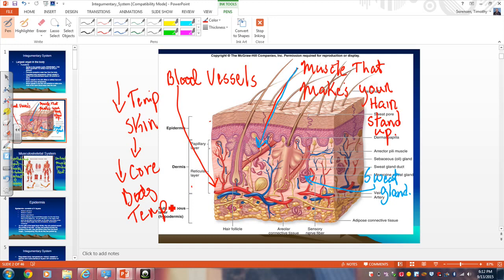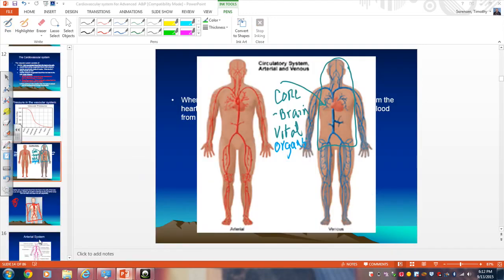Now, what part of your body helps you regulate heat? The answer to that is your cardiovascular system. So your cardiovascular system can increase blood flow to parts of the body or decrease it.